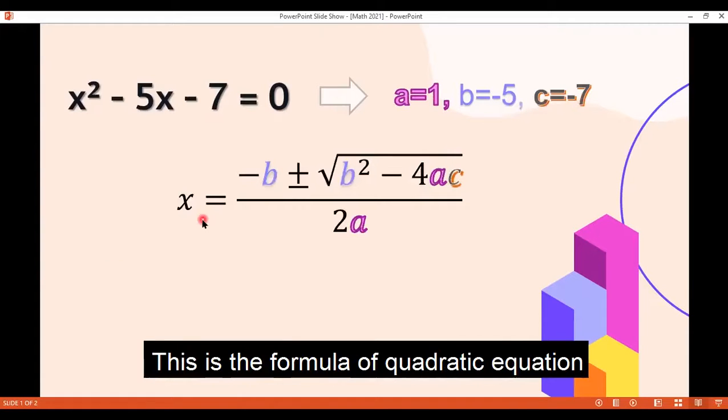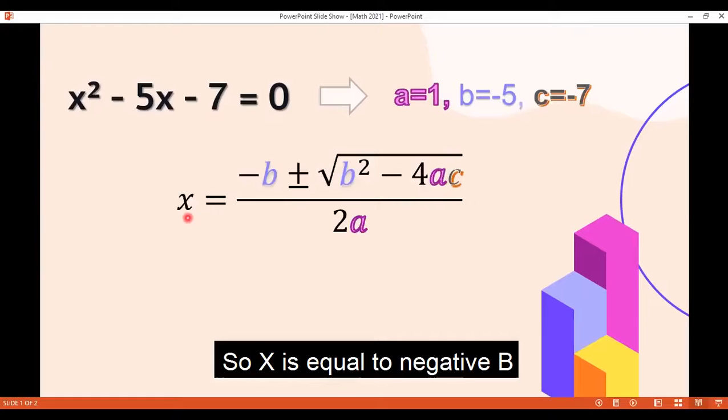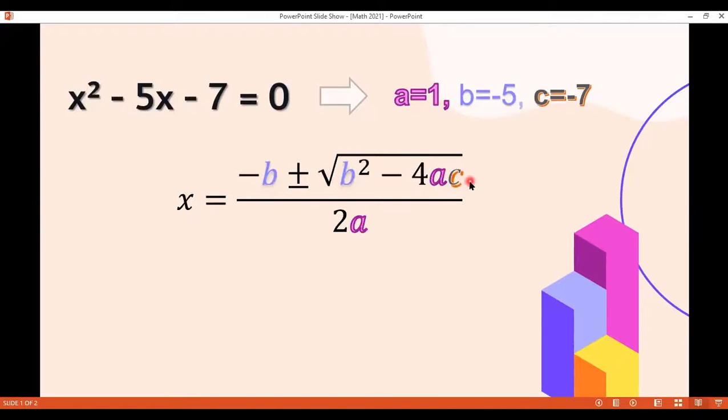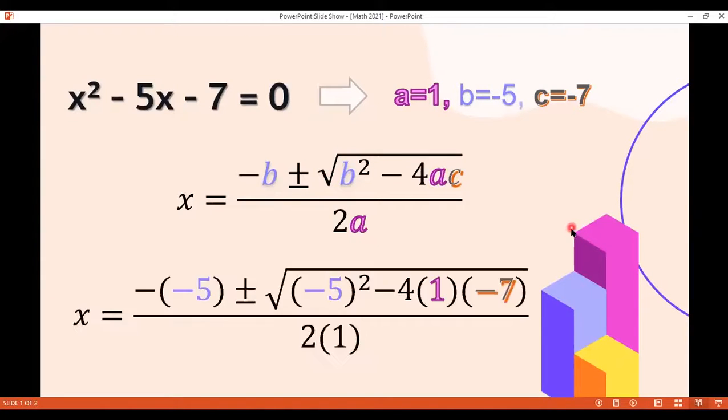As you can see, this is the formula of the quadratic equation. So x is equal to negative b plus or minus the square root of b squared minus 4ac, divided by 2a.